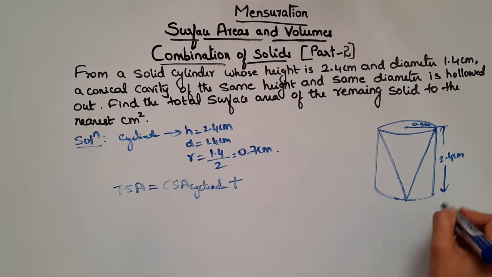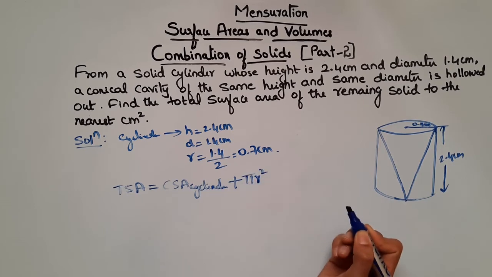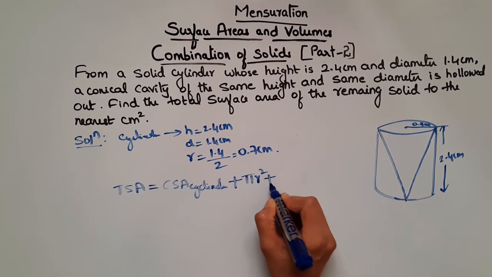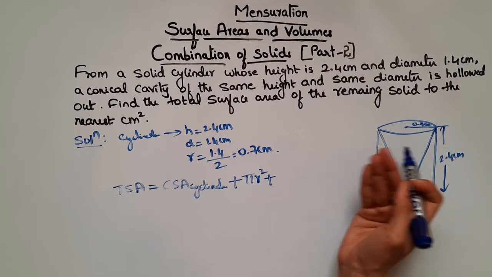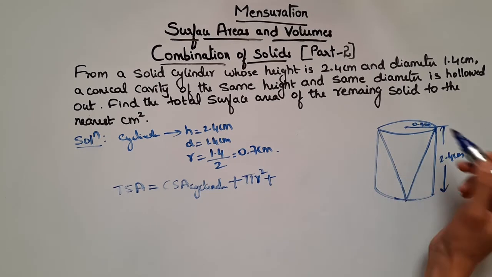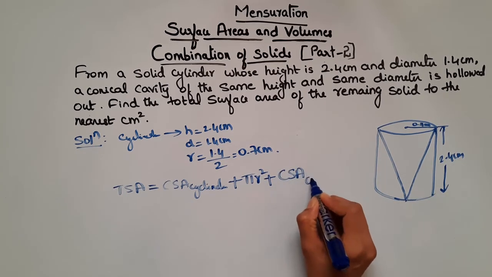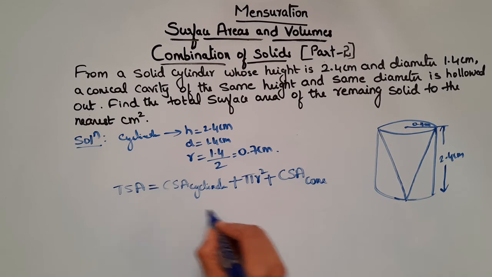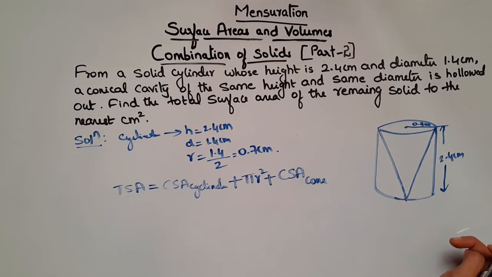Plus you can see the base of the cylinder as well. That is pi r square, which is circular in shape. Plus from the top, you can see this part, that is the curved surface area of this cone. Agreed? So you have to add the curved surface area of the cone as well. So this will give you the total surface area of the remaining solid, right?